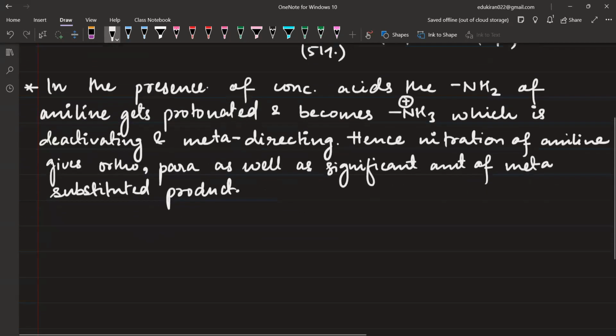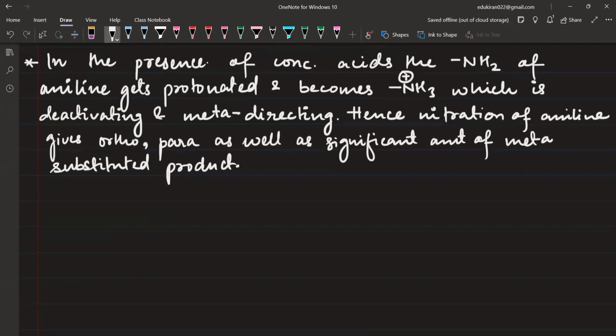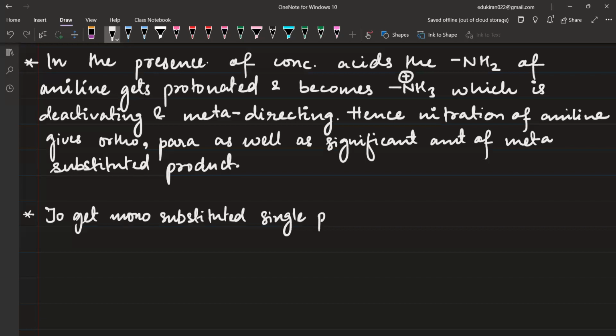After this we'll write, to get a mono substituted, single product, acetylation is done, as we did it for bromine also.